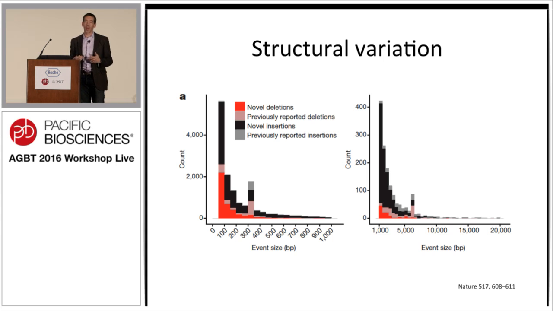So from the perspective of a physician sitting in front of a patient trying to get to the answer for that patient, or worrying that I might have the wrong answer for the patient, which is a much bigger concern, then these kind of graphs scare me quite a lot, but also give us some hope, because there are new technologies coming every year, log scale changes in cost and log scale changes in our ability to see variation. And you can see in red and black here, if you're familiar with this, event size of structural variation that had not been seen before.